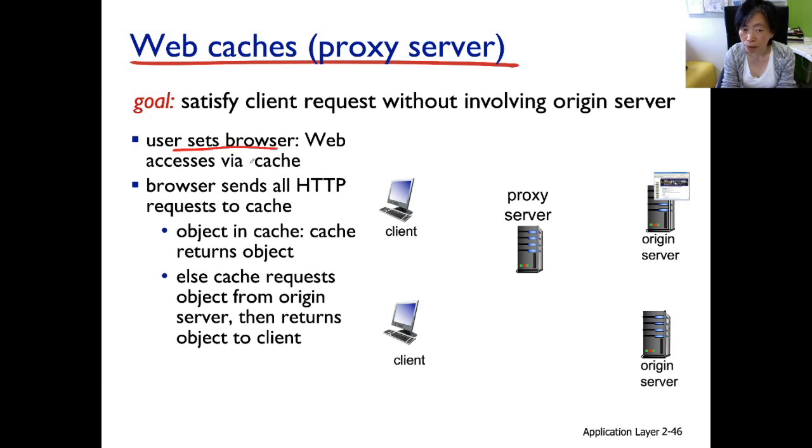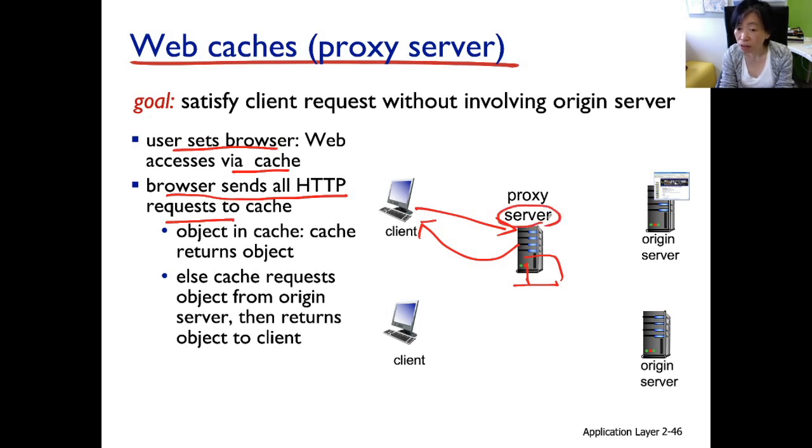Users will set the browser such that for all web access, we go through the web cache. So subsequently, the browsers will send all HTTP requests to the web cache. If the object, the page we're looking for, is already in the cache, the proxy server sends the object back. So you see, it works somewhat like a server, but it's not the original server. It's somewhat a delegate of the original server, having a copy here.